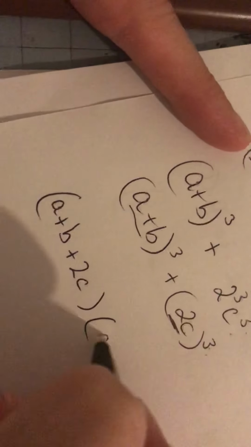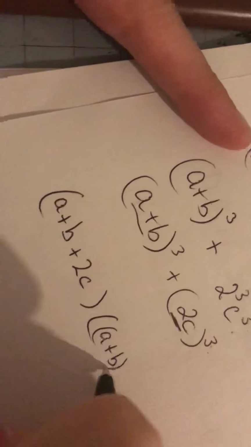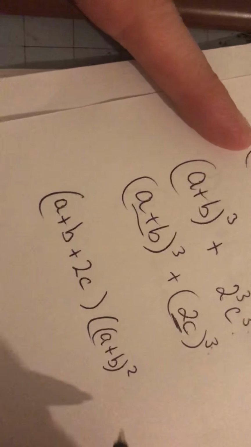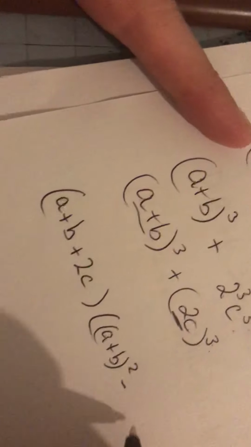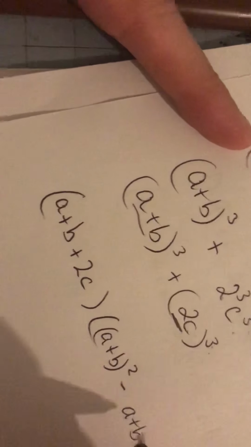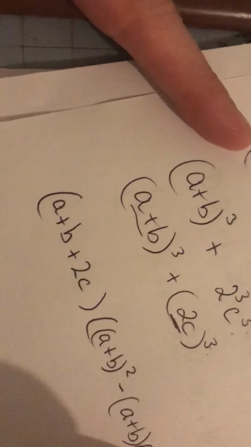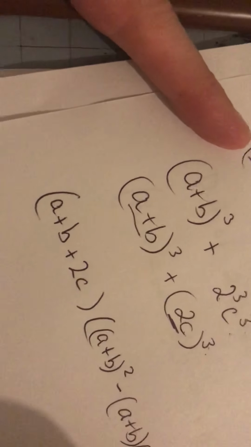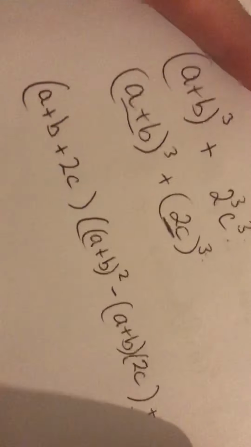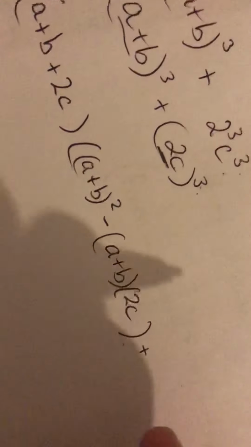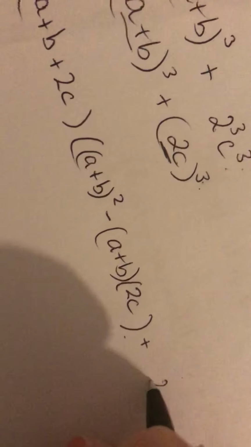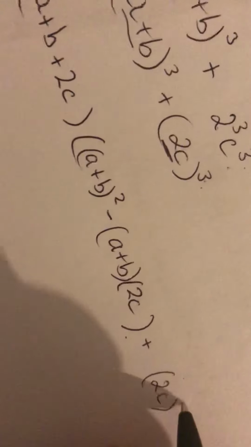It's the first to be squared, minus the first, it's going to take a lot of cleaning up, times the second, plus the second squared.